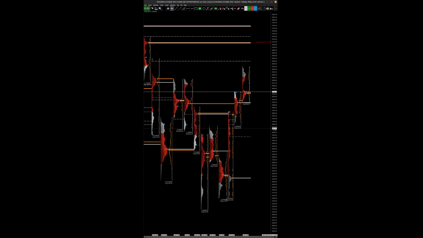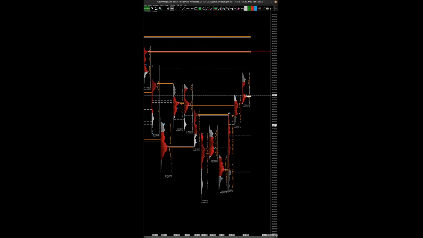So anyway, what I like to look at, and then let's see what else. The single prints on the weekly are denoted by these dotted lines here. Let me make sure about that. Yeah, single prints.